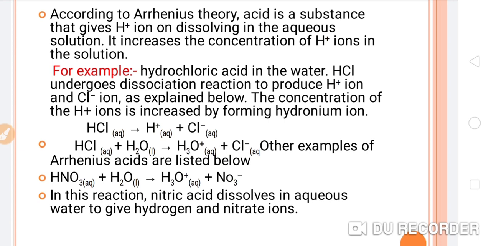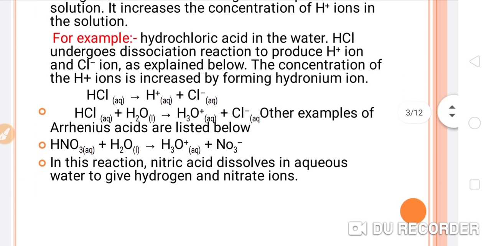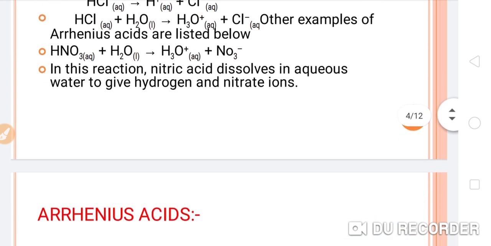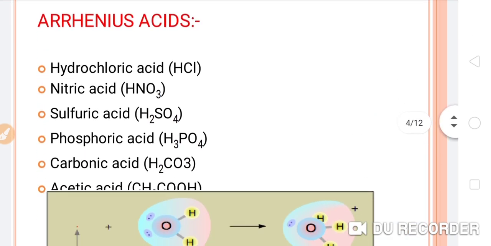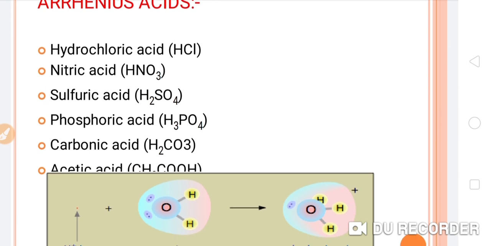More Arrhenius acids: hydrochloric acid and nitric acid, which we have already discussed, and sulfuric acid, which when dissolved in water gives 2 hydronium ions and sulfate anion.